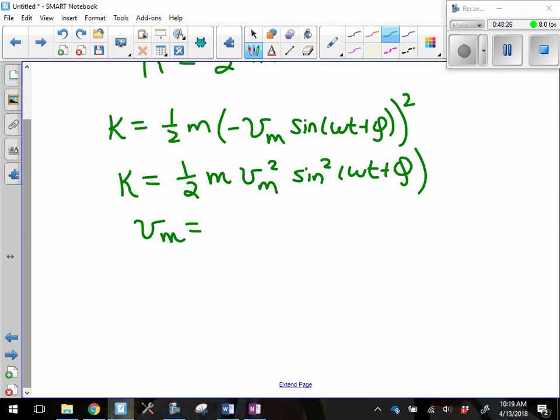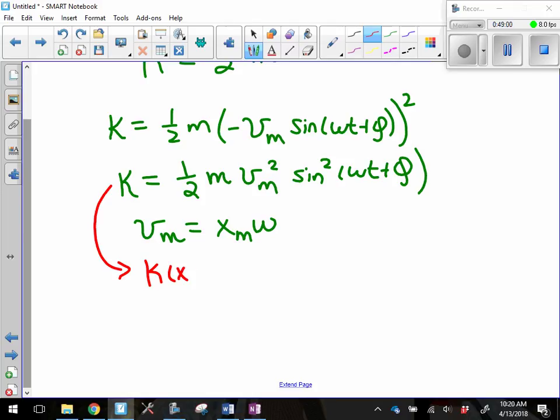Well, I only want what the v_m is, which is the thing that comes in front of the sine, which is what? When we took the derivative, what is it? Omega x_m. Okay. So I can substitute that in.